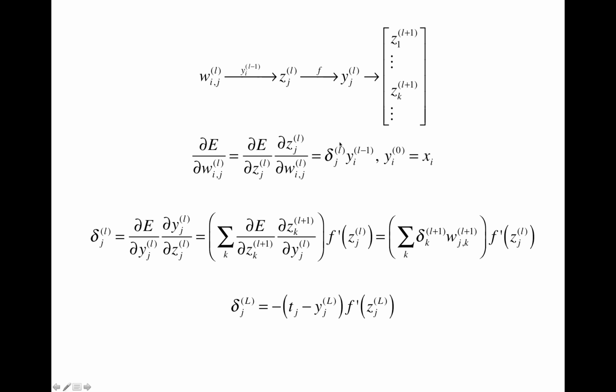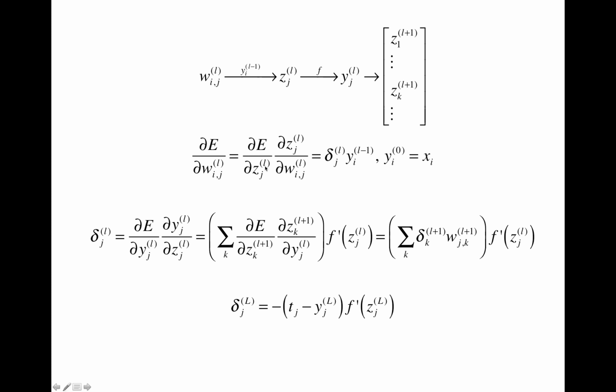So how do we obtain delta^L_j? Delta^L_j equals partial E partial z^L_j. Again, we apply the chain rule.